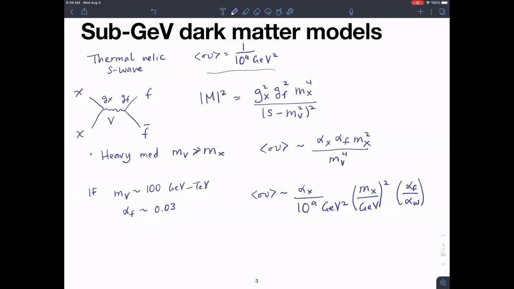Okay, so what this exercise is telling us is that if we plug in these weak scale couplings and mediators, then we're left with the α_χ and the dark matter mass squared. And I've written it in terms of dark matter mass over GeV squared. So as the dark matter mass goes below the GeV scale, this annihilation cross-section will be too large compared to the desired one for a thermal relic.